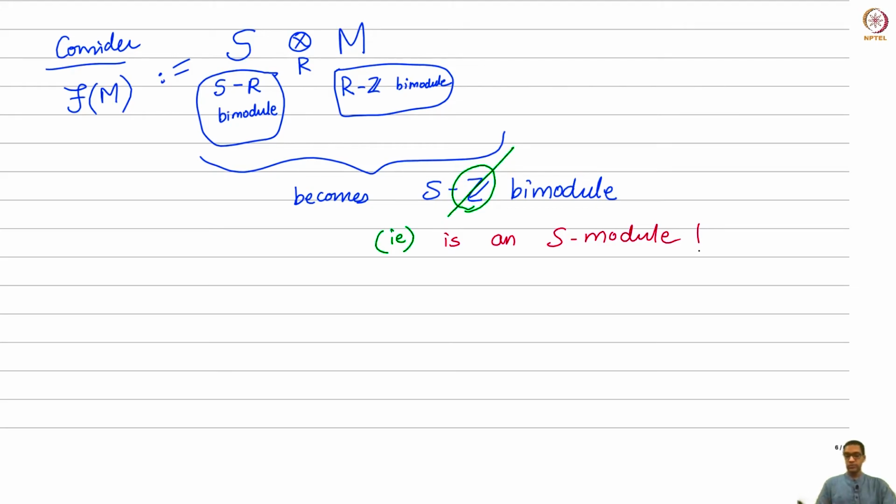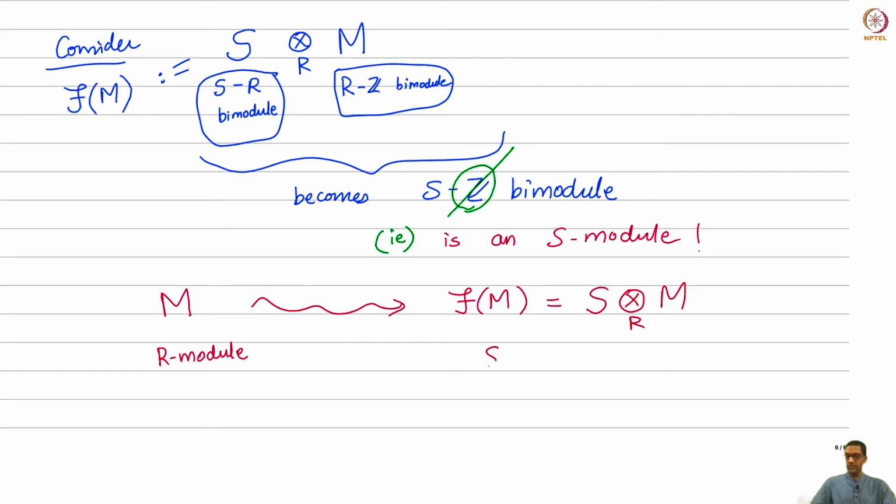So this construction has done the following. On the one hand, I started out with an R module, a left R module M, and starting with M, I constructed this new thing called f of m, which is S tensor M over R, and this new object is now an S module. This construction is what we think of as extension of scalars. Starting with an R module, how do you construct somehow a natural S module from it?